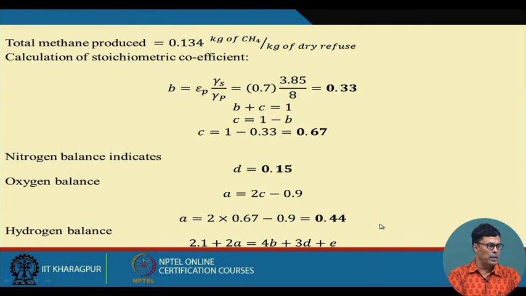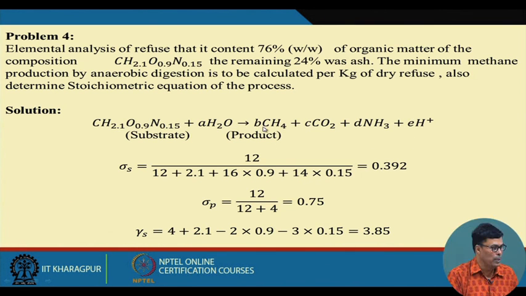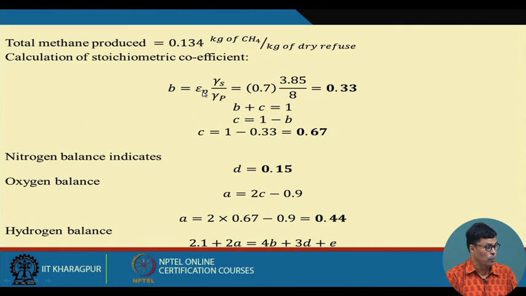Then we can also find out the other components that we require for this, one by one. You know this equation: b is the product, that is how much product, and the Y c value we can easily calculate. This is the Y p value, which we can calculate as this ratio.